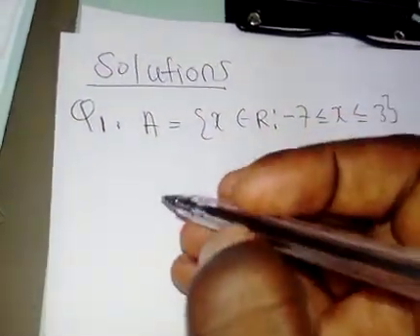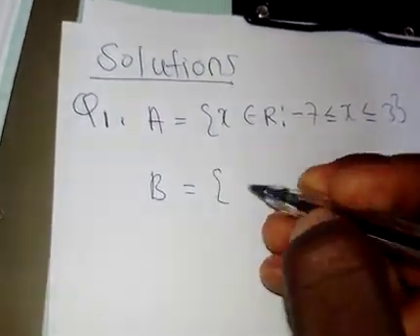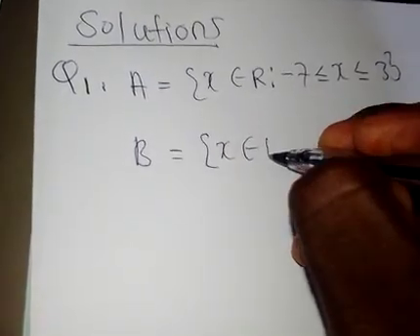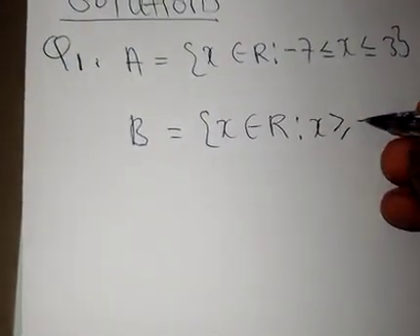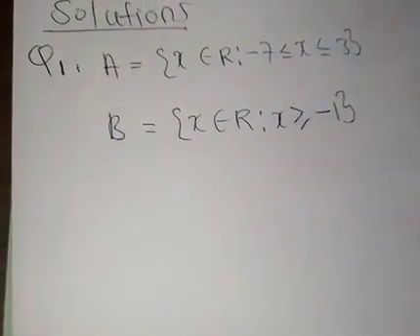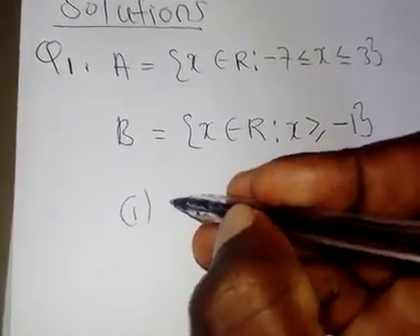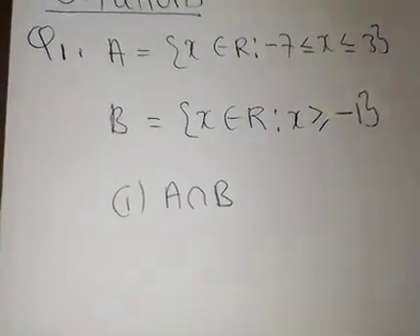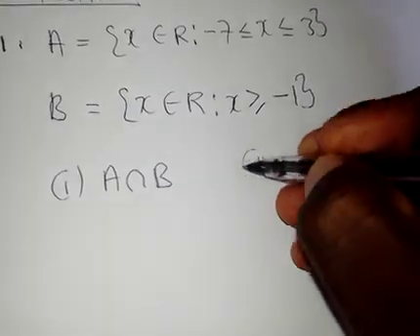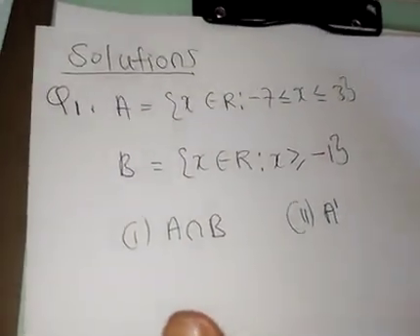Then B, we have x being a member of R such that x is greater than or equal to negative 1. So these are the two sets we have. And the first thing we should find is A intersect B, and we should find A complement using a number line.